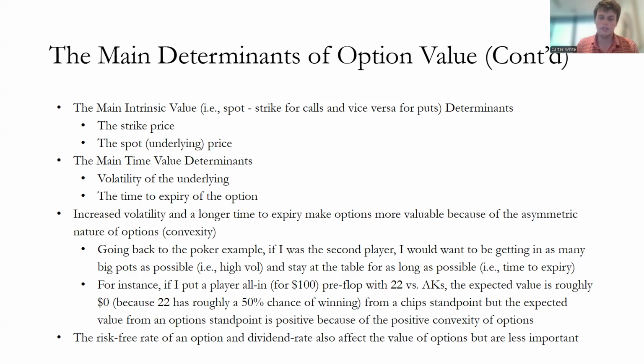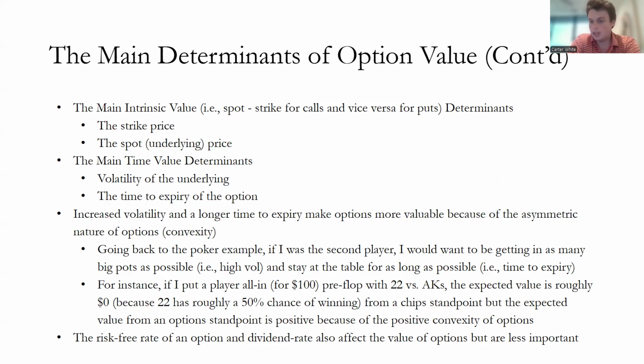Versus if you were limited in how many hands you could play, like maybe every hour you can only play 4 hands, that's not going to be as volatile. So the option is going to be worth less. So increased volatility and a longer time to expiry make options more valuable because you have that time and the ability to benefit more from the asymmetric risk reward of options, that convexity that I talked about.